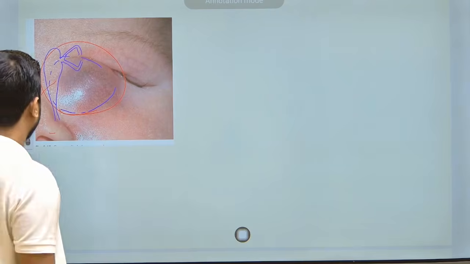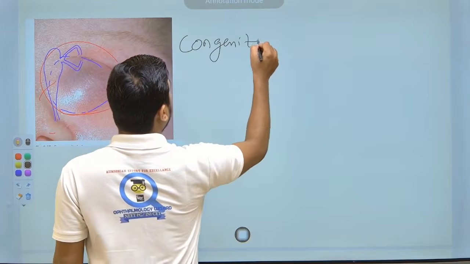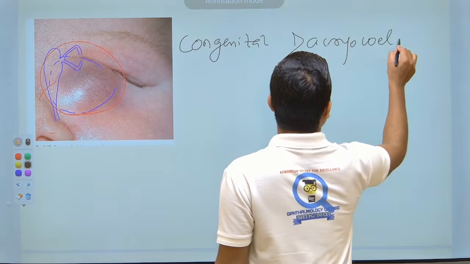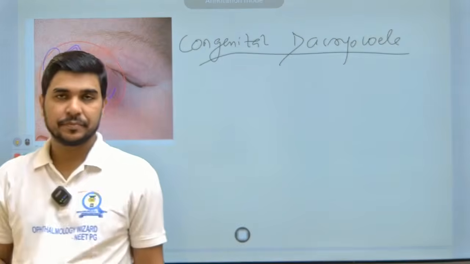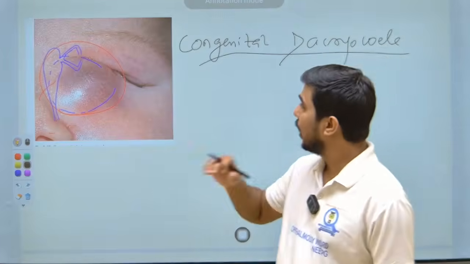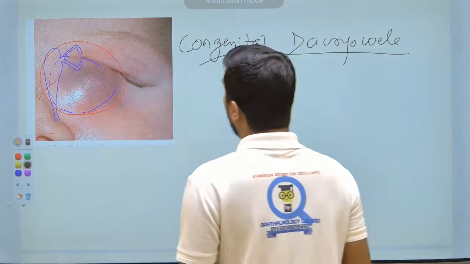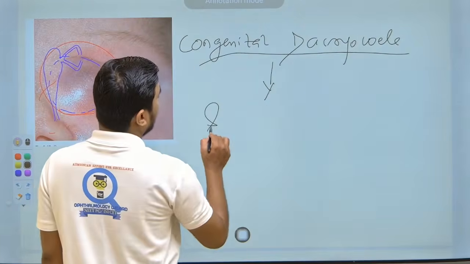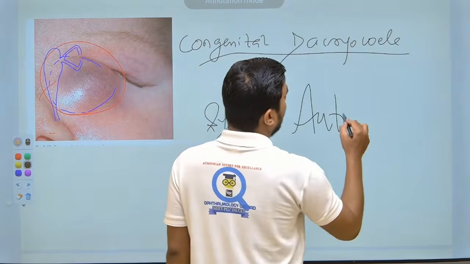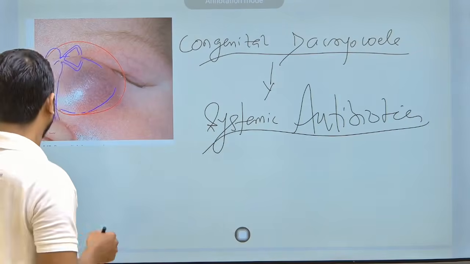So what is this called? Here the diagnosis is congenital dacryocele. ये diagnosis है. Because it looks like congenital, बच्चा दिख रहा है ना ये, eyebrow से देखो, eye से देखो, it looks like a congenital dacryocele. So in this condition you have to treat with the systemic antibiotics only. Understood?